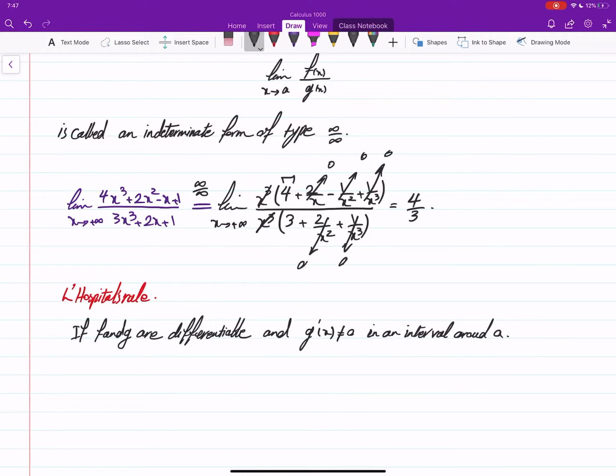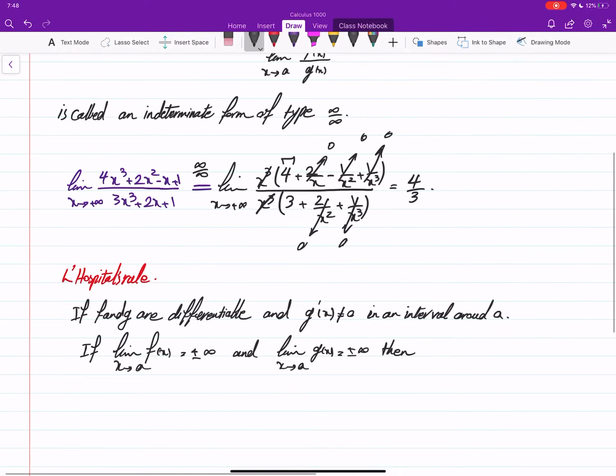Then we also know that f over g gives us an indeterminate form if the limit of f of x as x approaches a is plus or minus infinity, and the limit of g of x as x approaches a is plus or minus infinity. Then we have the indeterminate form.